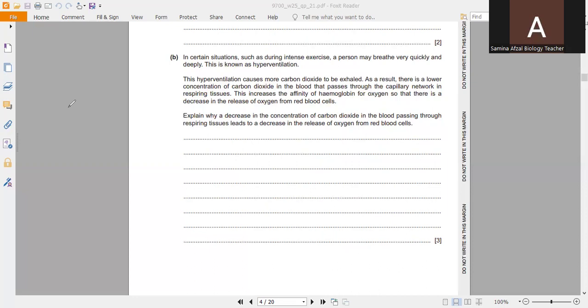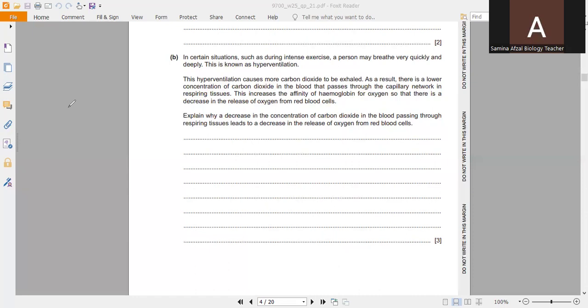So I will go with this question. Carbon dioxide typically reacts with water inside red blood cells to form carbonic acid, catalyzed by the enzyme carbonic anhydrase.